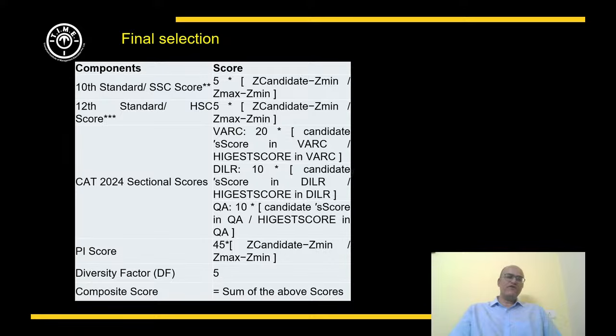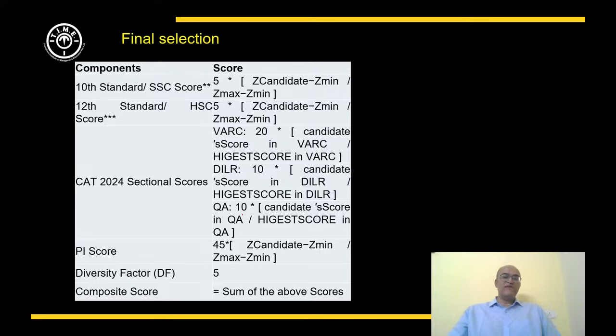Then you will undergo your interviews, and after interviews are done, the final selection will happen. In the final selection stage, your 10th class performance and your 12th class performance will have only 5% weightage each. And for CAT performance last year, 20% weightage was assigned for your English performance, 10% for your DILR performance, and 10% for your quant performance.